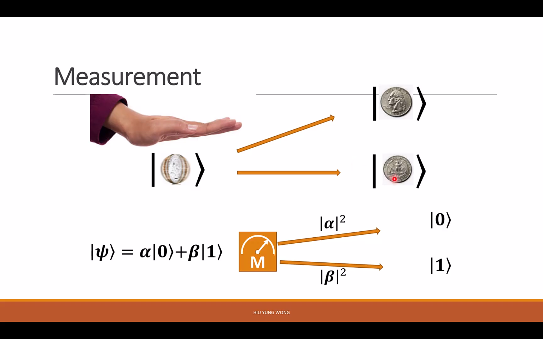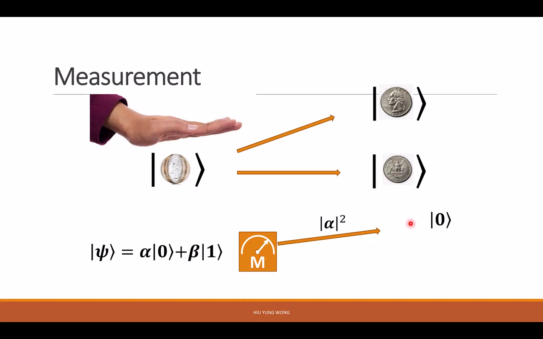But the probability of collapsing to 0 is proportional to the square of the magnitude of the coefficient in front of it. So what is the probability of collapsing to either 0 or 1? It must be 1, right? So that's why we say all these coefficients squared, they're complex numbers, so you need to take the magnitude squared, must add up to 1.